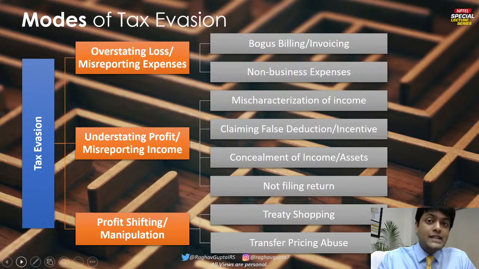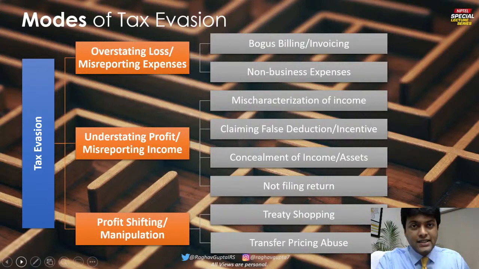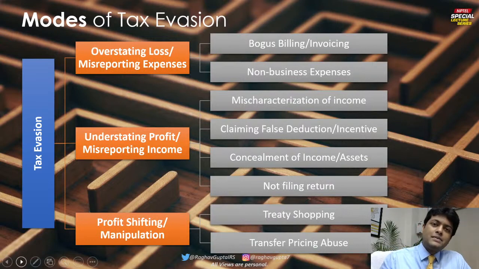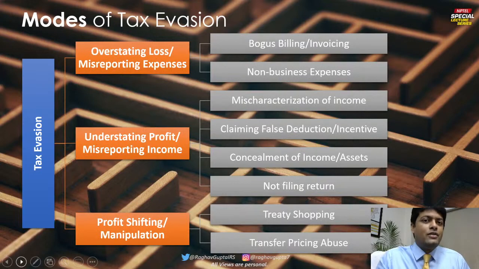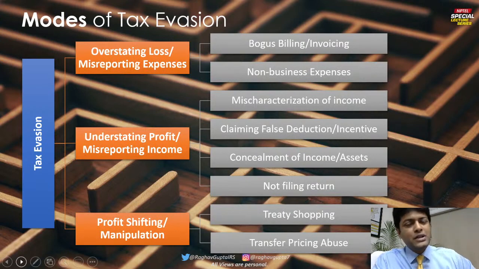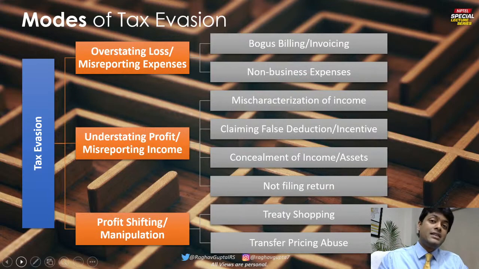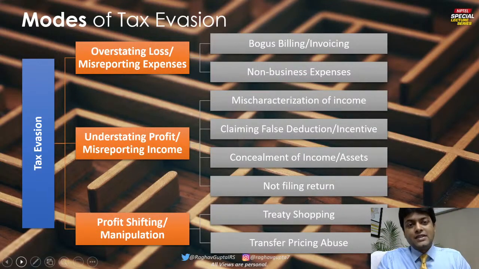We should, because that's what is called the arm's length price. So the moment the arm's length price principle is violated, this seems to be a violation of actual tax evasion, because because of transfer mispricing, the transaction which would have normally occurred between two independent enterprises is now occurring at a different rate, which will ultimately lead to lower payment of taxes. So this is also an avoidance strategy.